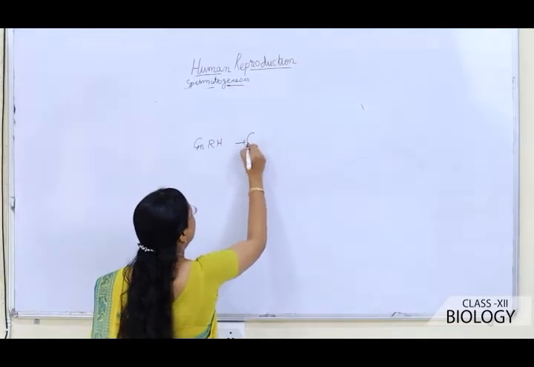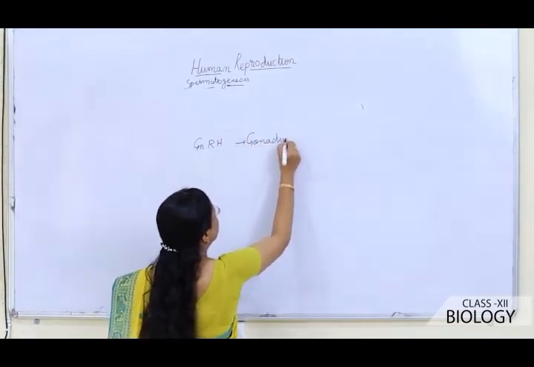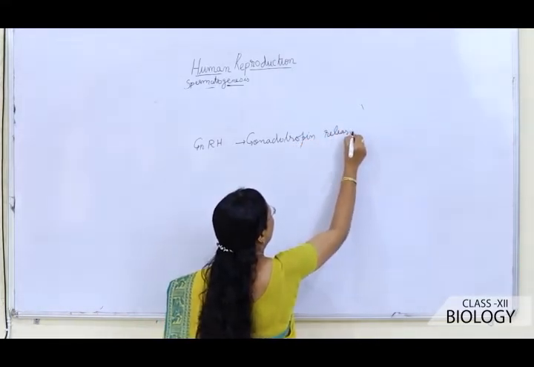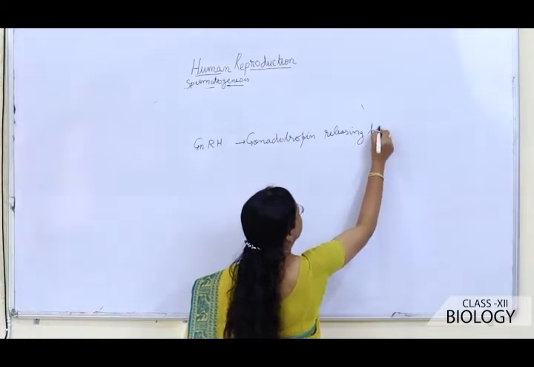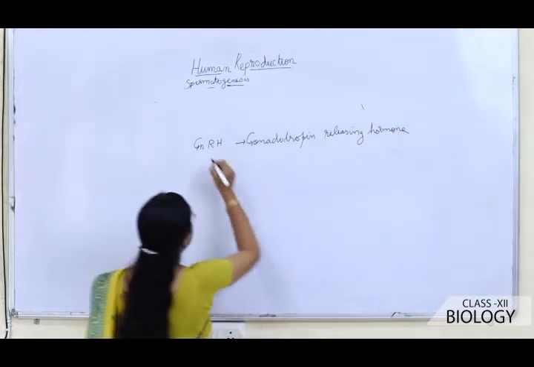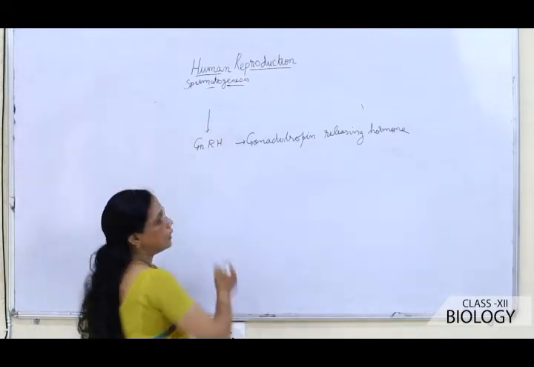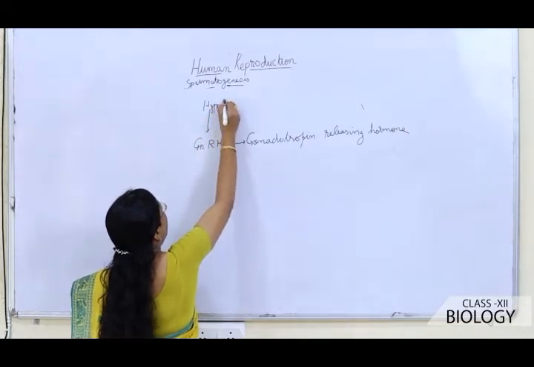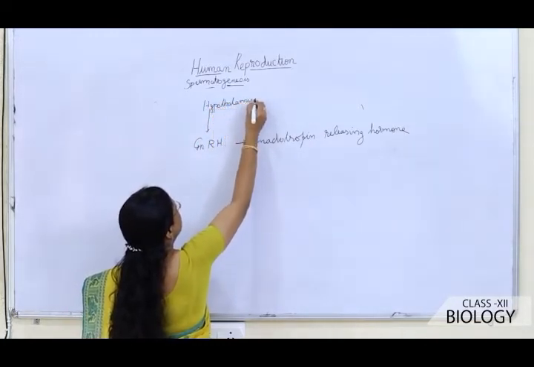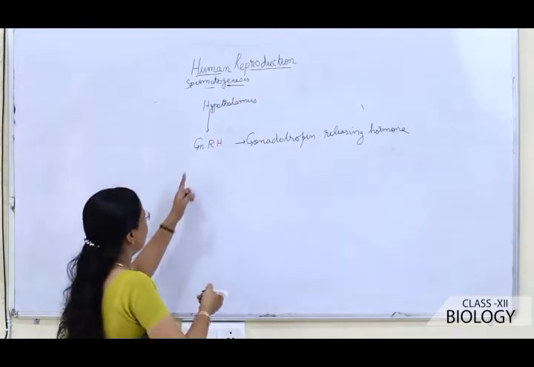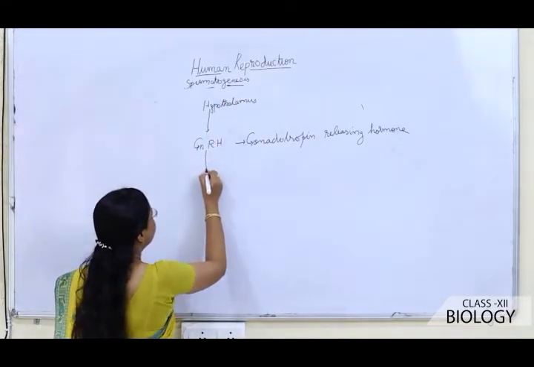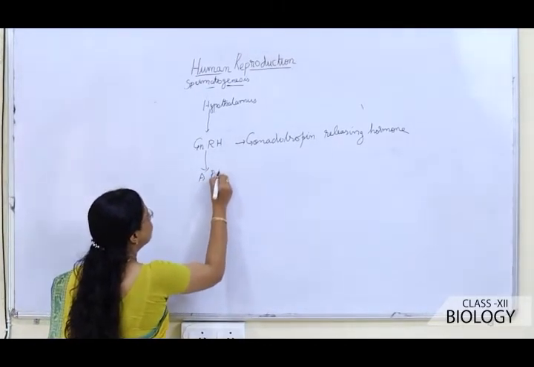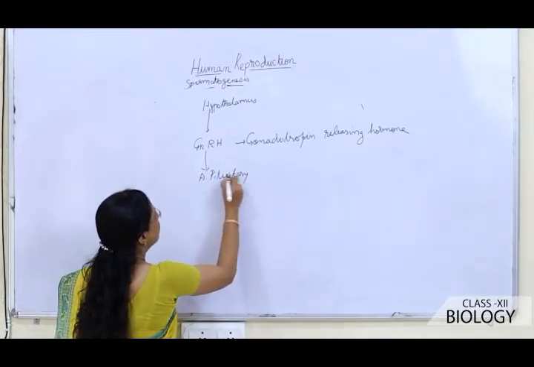That is gonadotropin releasing hormone. This gonadotropin releasing hormone is released from the hypothalamus. Where is the hypothalamus located? The hypothalamus is located in the brain. So the hypothalamus secretes GnRH and it stimulates the anterior pituitary gland.